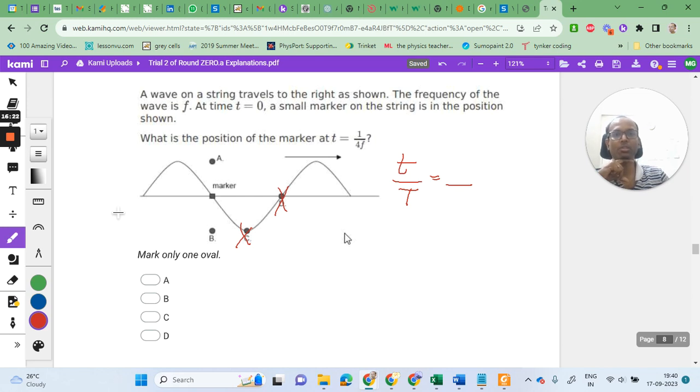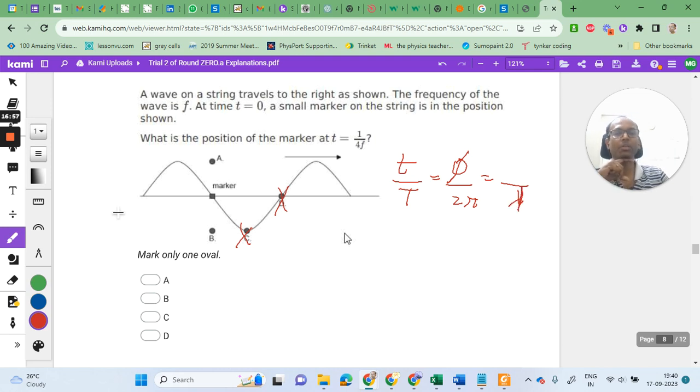And one cycle of vibration is denoted by a circular motion in which a particle covers 360 degrees or 2 pi radians. So corresponding to the time which has elapsed, it would have covered a fraction of the circle. That angle is called the phase angle phi. And if you consider the distance traveled by the wave in one time period, or in one cycle of complete vibration, the wave travels a horizontal distance of one wavelength, lambda.